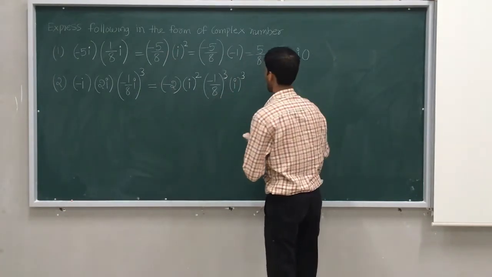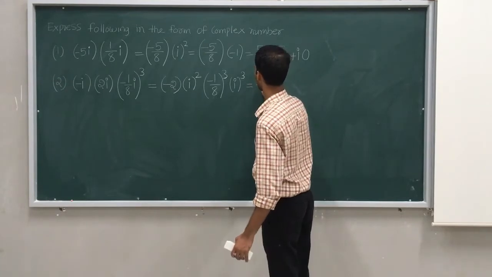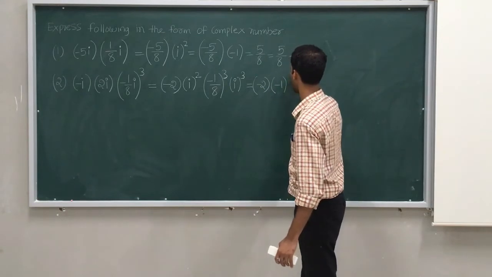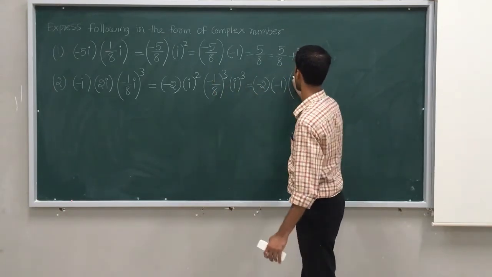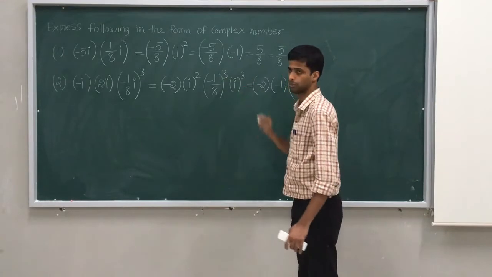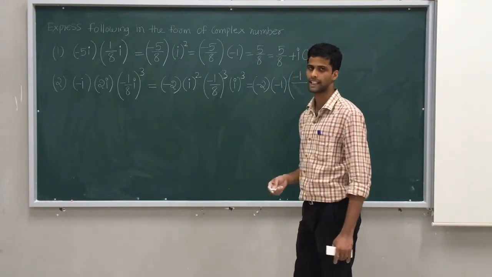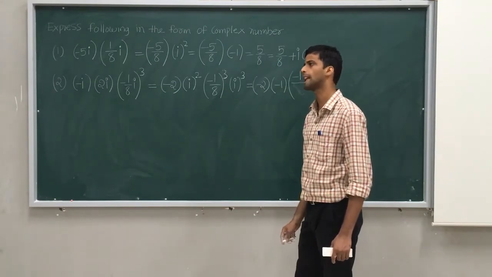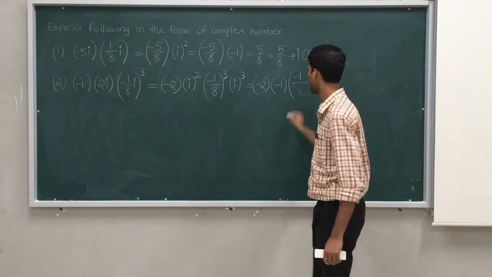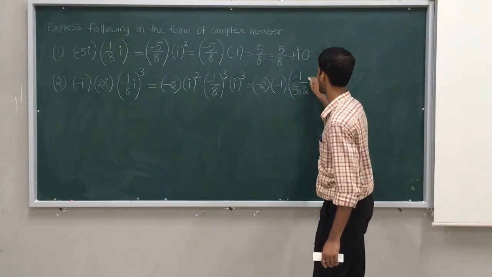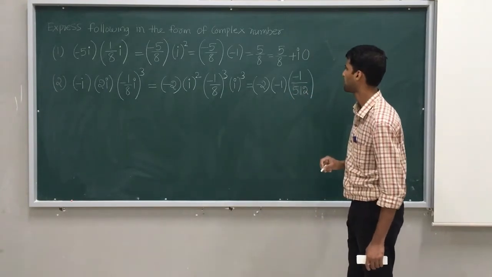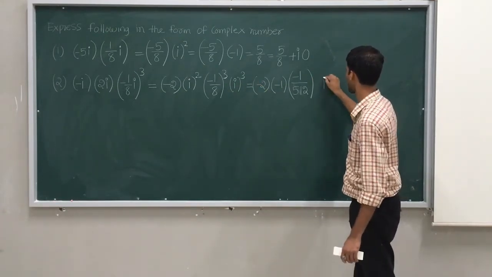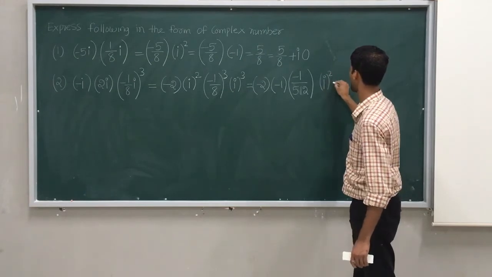Then I write minus 2 i square, where i square is minus 1, into minus 1 cube, which is minus 1, over 8 cube. 8 cube means 8 square into 8. So 8 square is 64, and 64 times 8 is 512. Now you are left with i cube, which I write as i square into i.